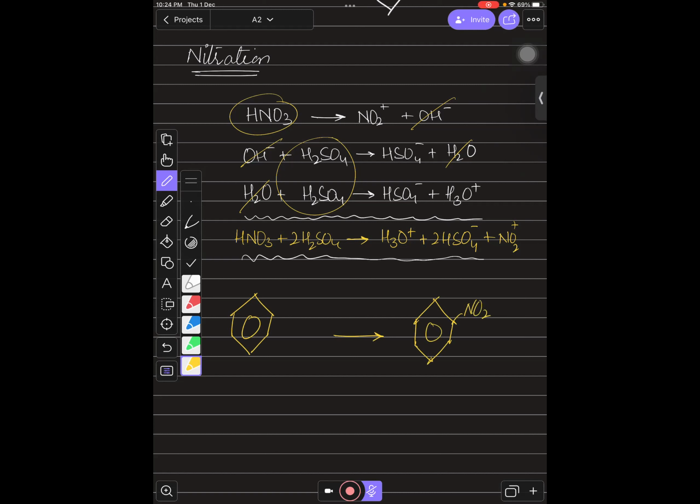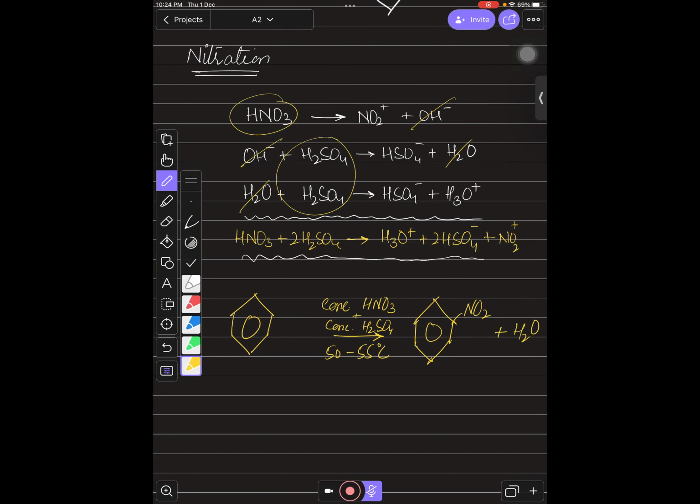If you want to put this, so इसके लिए हमें क्या करना पड़ेगा? इसके लिए हमें लेना पड़ेगा concentrated HNO3 along with concentrated sulfuric acid. ये दो चीजें हमें चाहिए ही चाहिए इधर, और साथ साथ we need to heat this till 50 to 55 degree centigrade temperature. जब हम इसको करेंगे, then this reaction will happen, right?